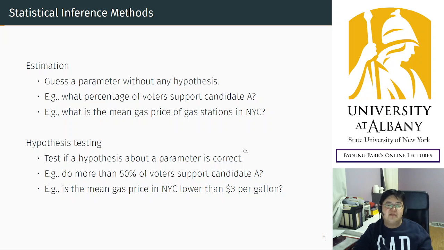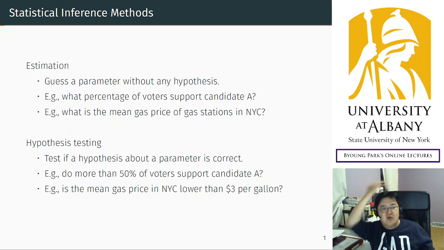Let me first compare two inference methods. There are 2 statistical inference methods: one is estimation and the other is hypothesis testing. Earlier I explained estimation in the estimation chapter. Estimation is an open question and hypothesis testing is a yes or no closed question. So estimation is like: guess what it is, like guess the number.